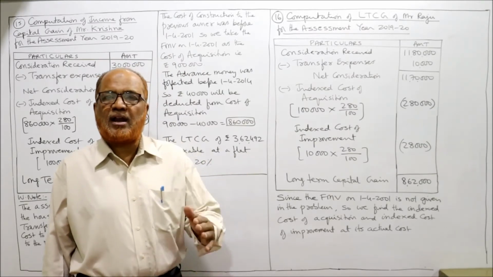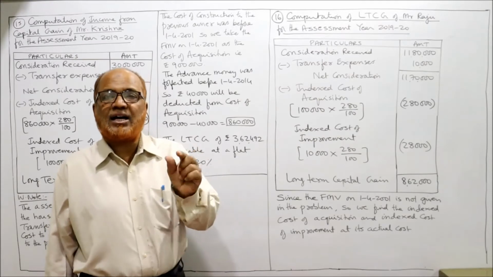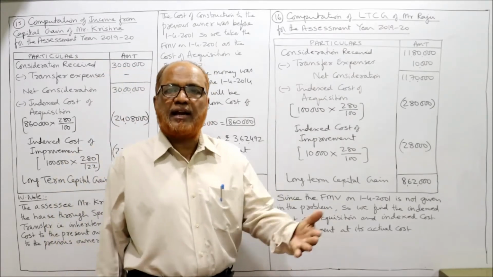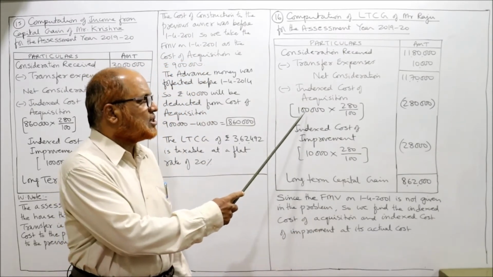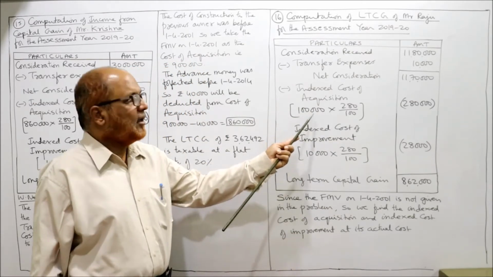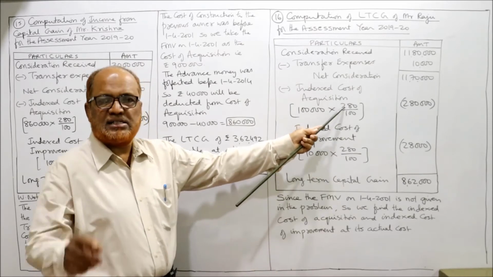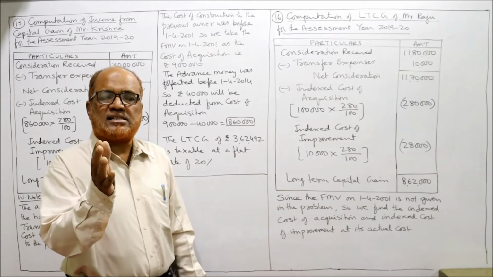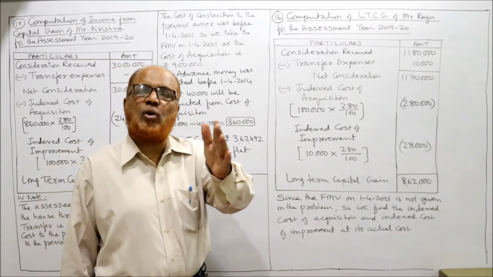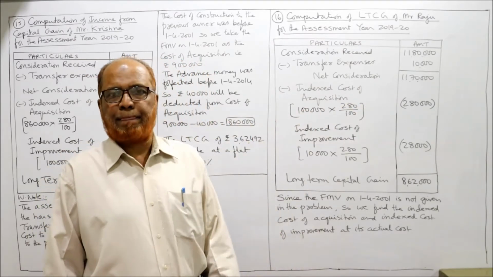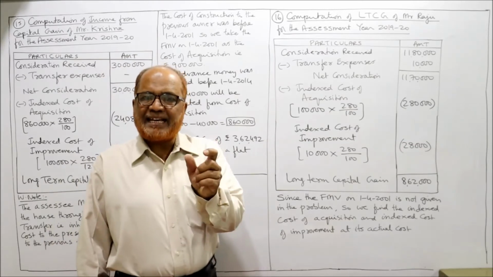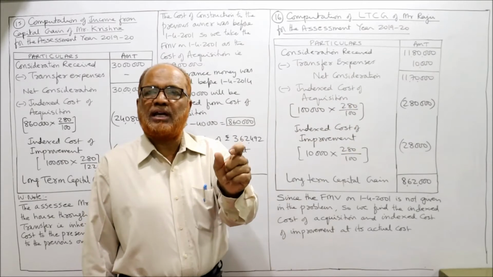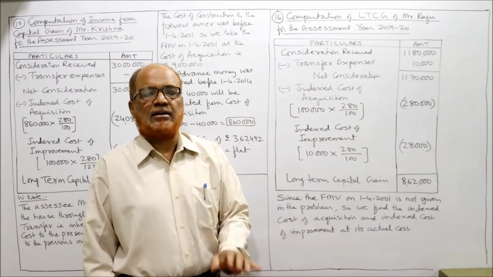So that's why we are indexing the actual cost, not the FMV. So the indexed cost of acquisition is actual cost 1 lakh into 280 by 100. 280 is the current previous year index, 100 is the index for an asset which was acquired before 1/4/2001. For any asset acquired before 1/4/2001, we have to take the index number as 100.